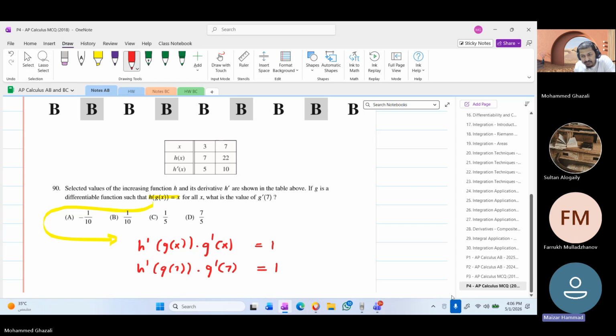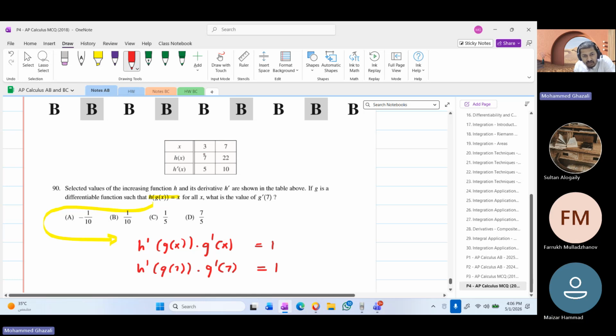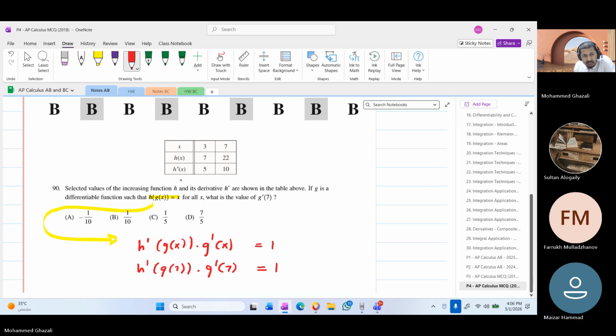So equals 1. g of 7 from the graph, we don't have g of 7 from the graph. What did they say about g of 7? See, that's a problem. g is a differentiable function such that h of g of x is equal to x for all x. What is the value of g prime of 7?